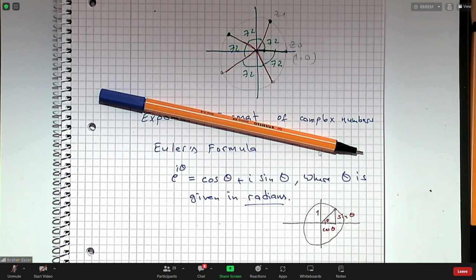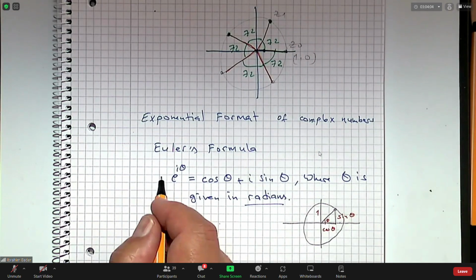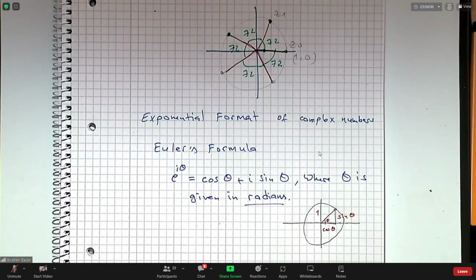That means it will repeat itself every 2 pi. You can also multiply by r, if you know r: you multiply this by r, and the right-hand side also by r. So this formula is basically for a circle that has 1 as a radius.